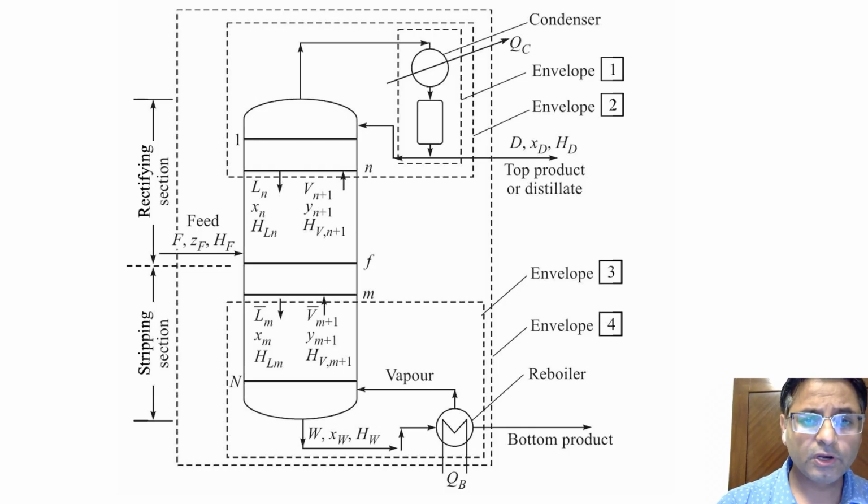This is a reboiler where you are heating the liquid, and it turns into vapor and goes up. Here is a condenser, and you are collecting the distillate here, and some you are sending back as reflux, but some you are collecting here as the product. So this is how the distillation column looks.